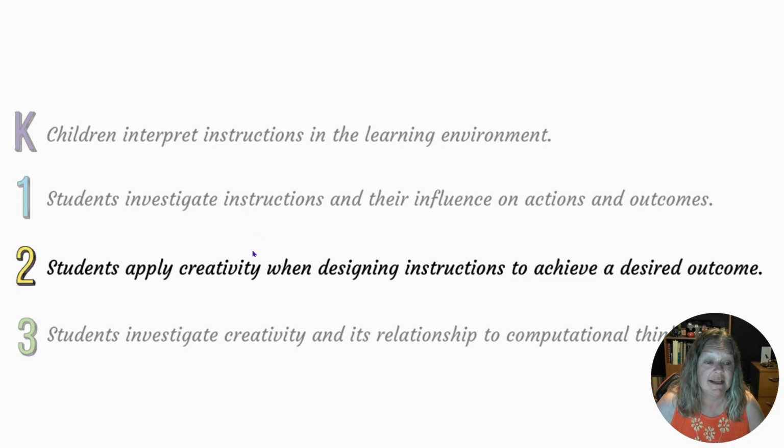And in your curriculum documents, in the understandings piece and the knowledge piece, there's a lot of information about what creativity means as it pertains to science, and how that is generating something new, coming up with a new idea or a new thing. So we'll see that when we look a little closer at your curriculum. And then how creativity is connected to designing instructions to create a desired outcome. So that's your grade 2 learning outcome.